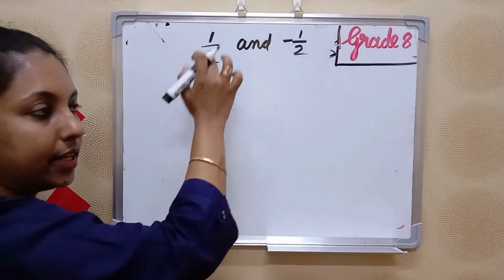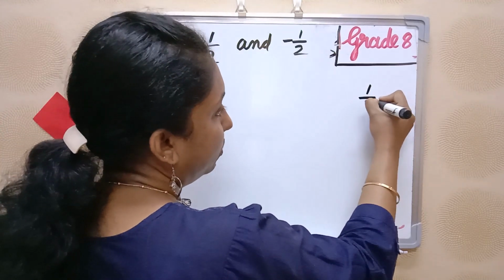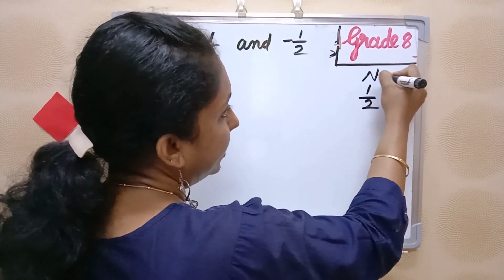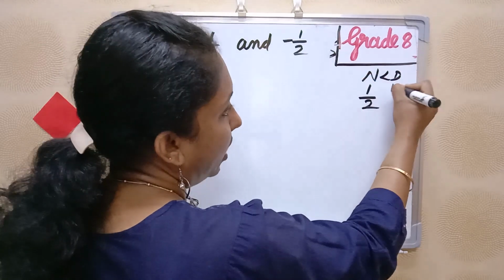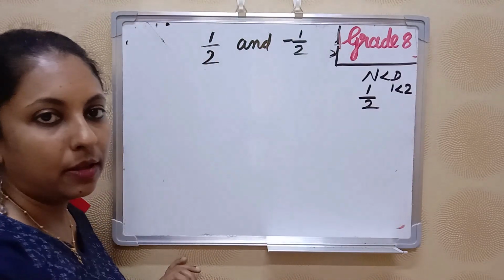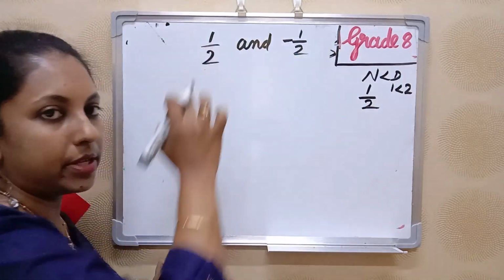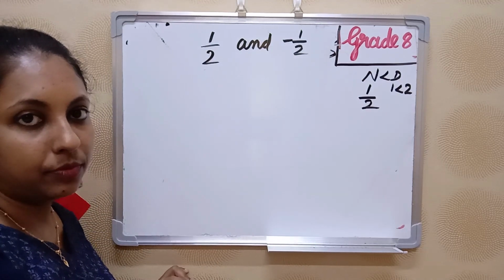Here the numerator is less than the denominator: 1 by 2, which means 1 is less than 2. So how can we represent this on the number line?